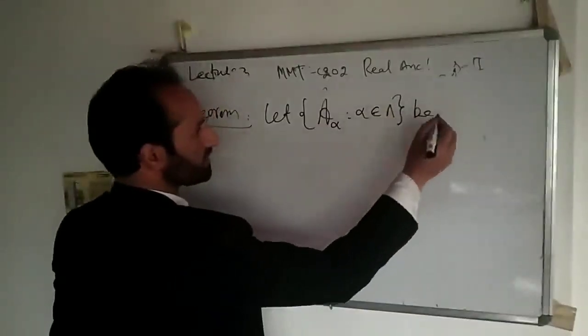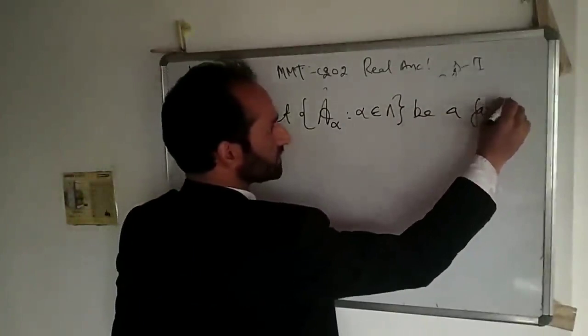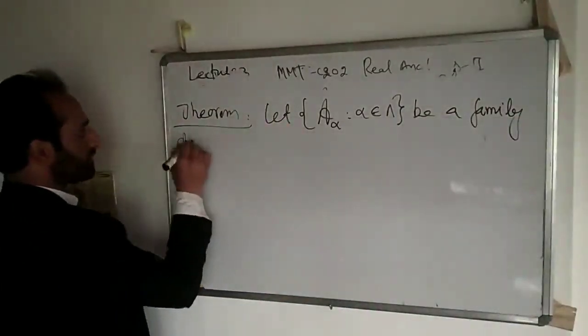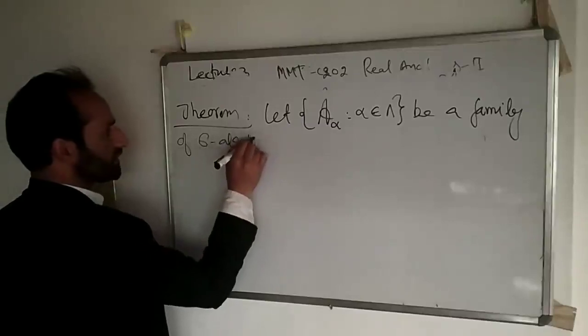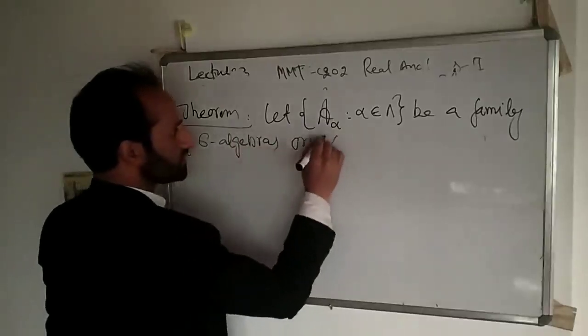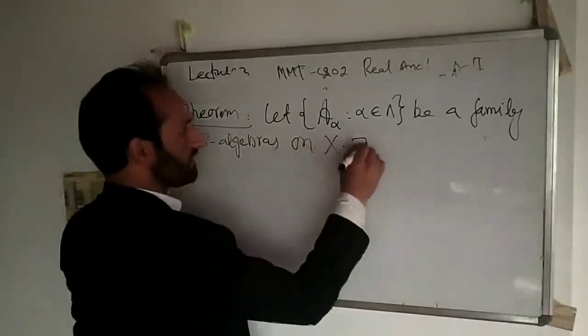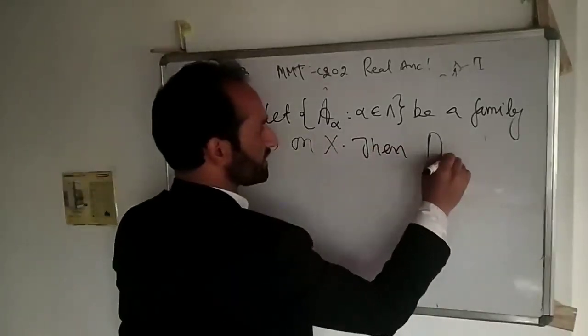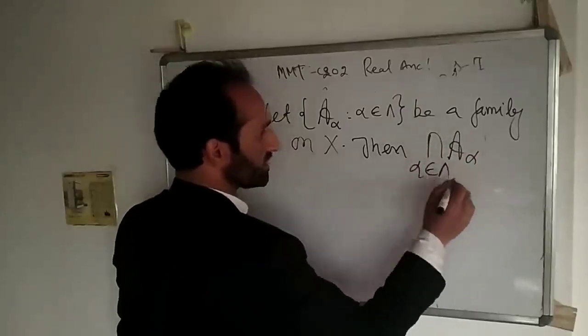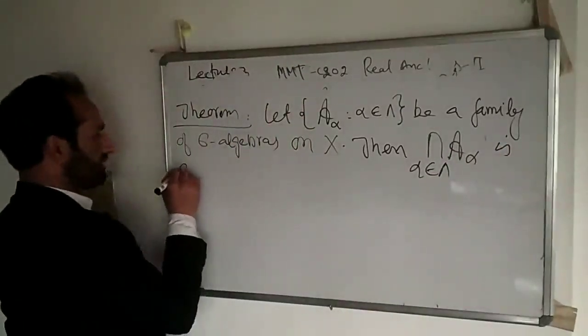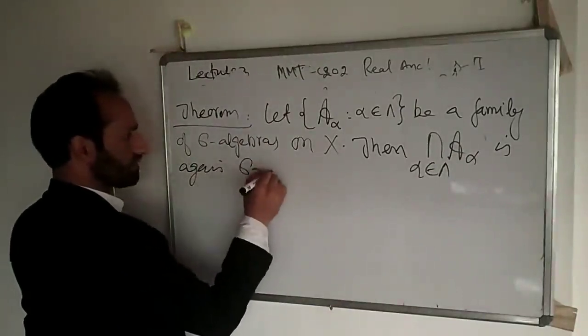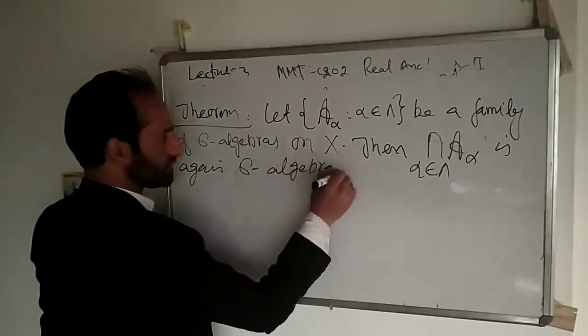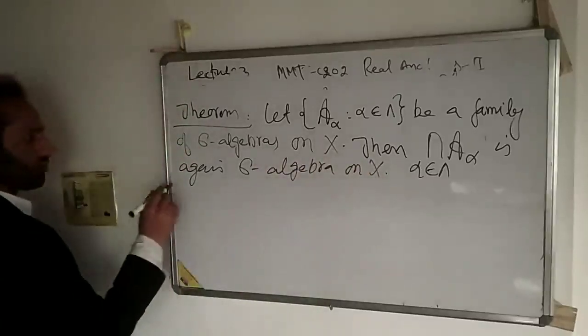The intersection of sigma algebras is again a sigma algebra. So let A alpha, alpha belonging to lambda, be a family of sigma algebras on X. Then their intersection is again a sigma algebra on X. The proof is very simple.